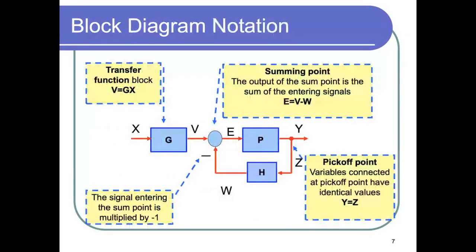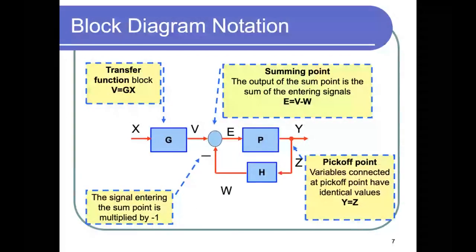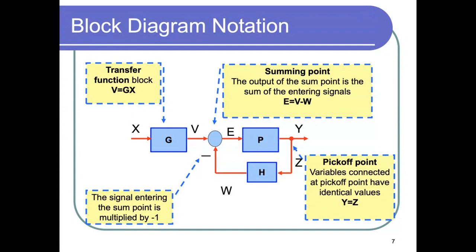So here is some block diagram notation. A transfer function block, so every block is a transfer function capturing the input-output relationship. So we have an input to this block G, that is X, and you have V. So G is simply V over X, or alternatively, V is equal to G of X. And we have a node representing the summation or subtraction.